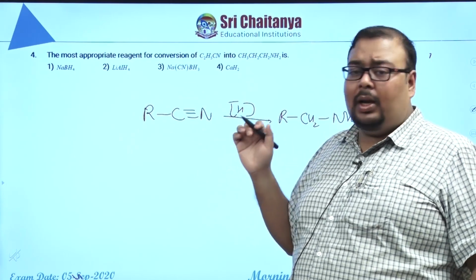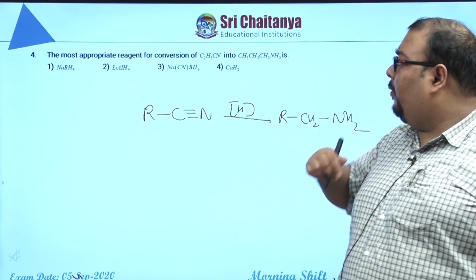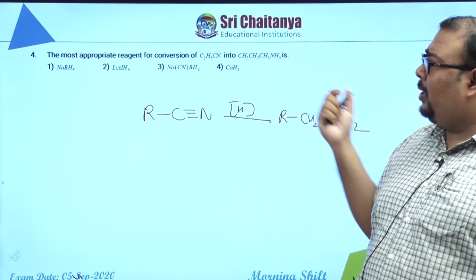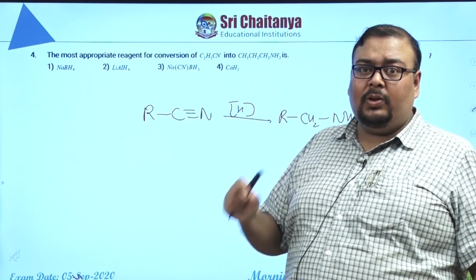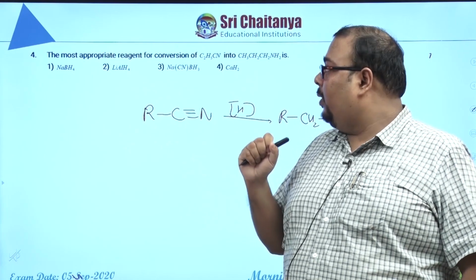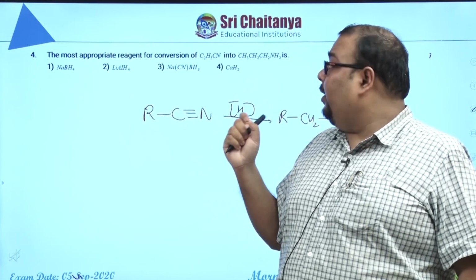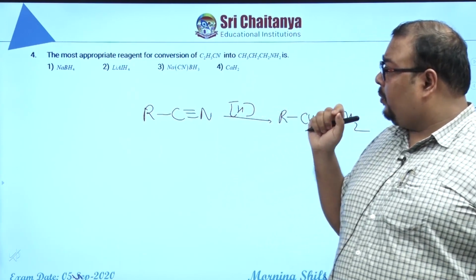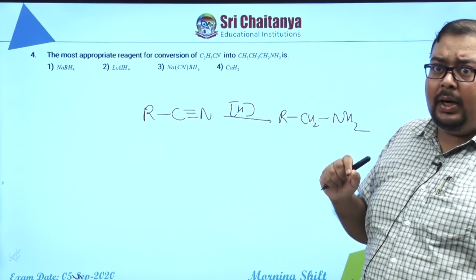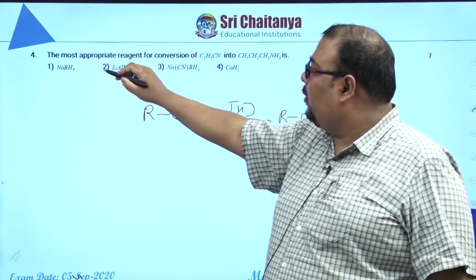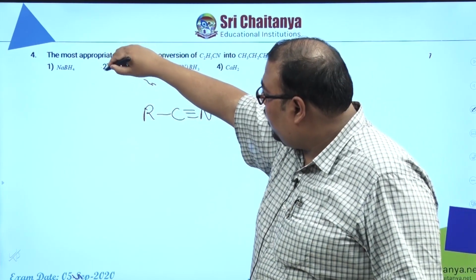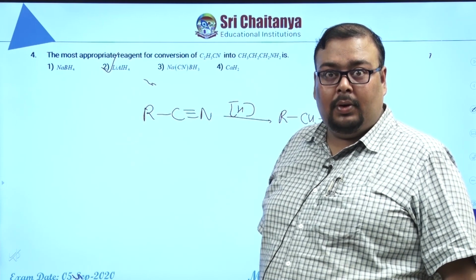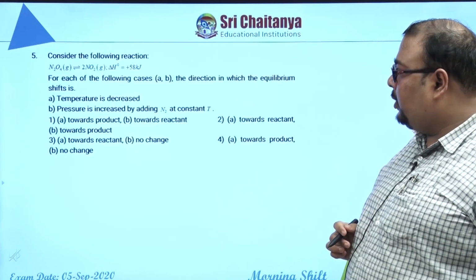In fact, if you are talking about the power of reduction of these reagents, LiAlH4 is most powerful, followed by NaBH4, then NaBH3CN, and last one will be CaH2. Okay, so the most appropriate reagent for this conversion will be LiAlH4. Okay, next question will be question number 5.